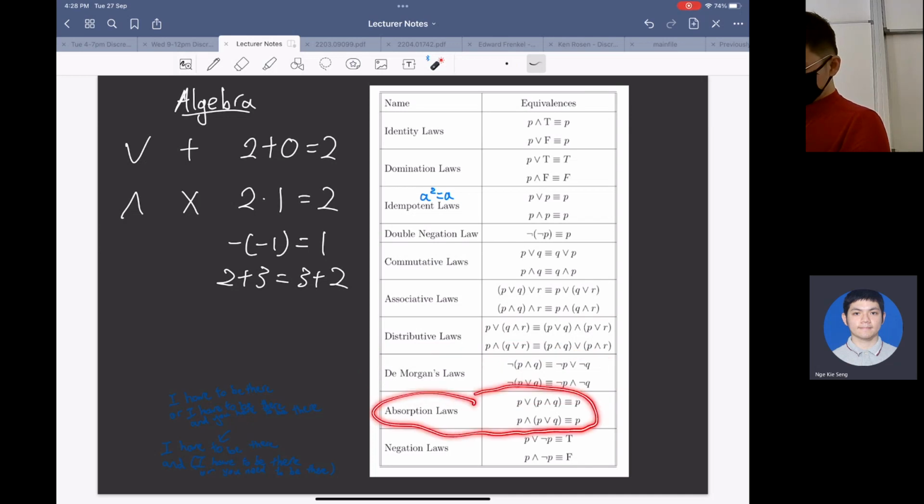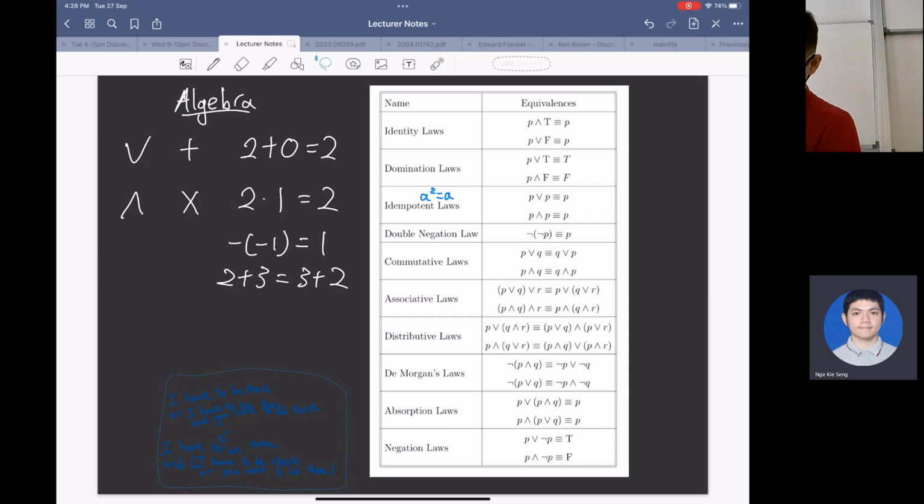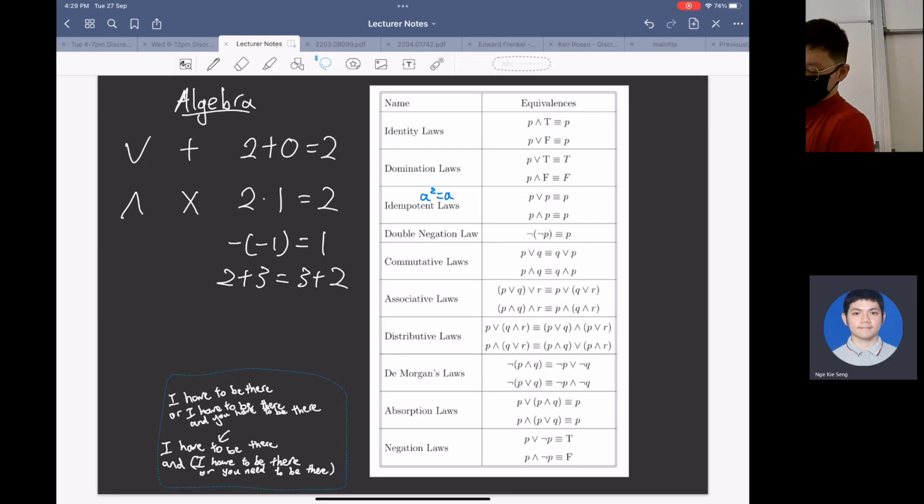Absorption law, meaning P or (P and Q) is P. So actually this is a bit interesting. Why is it interesting? Let me give you an example. Let's say there's a thing that both of us have to be there for, okay?